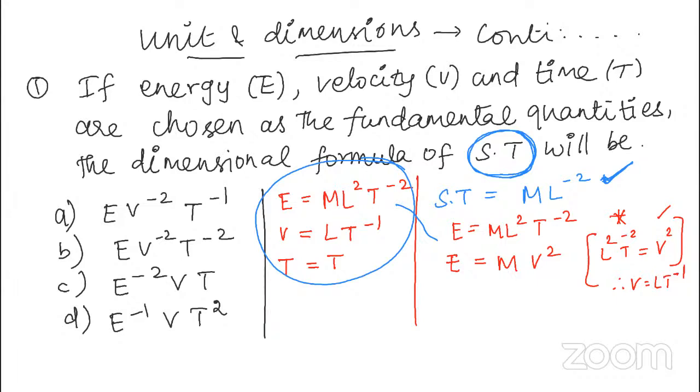Now the next step, we want only M. So E by V square is equal to m. Now multiplying both sides by T power minus 2, what will we get?